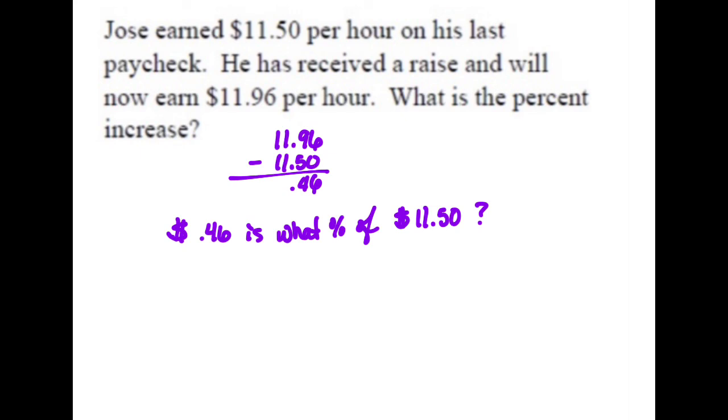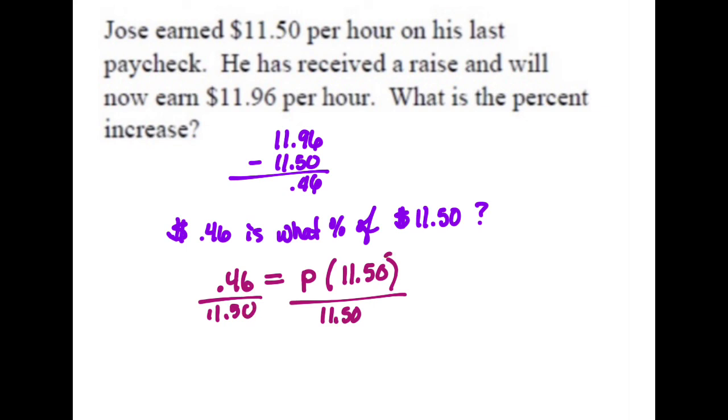Okay, so now set it up as an equation. I'm going to change colors just so that we can refer back to it easier. 0.46 is what percent of 11.50? But now because 11.50 has a decimal, I don't want to get the dot and the decimal confused, so I'm going to use parentheses. And now we have to solve by dividing.